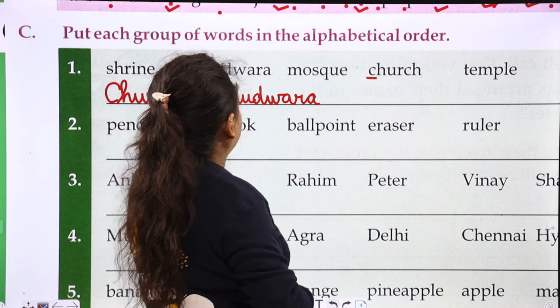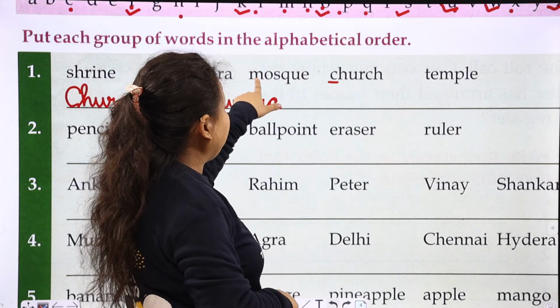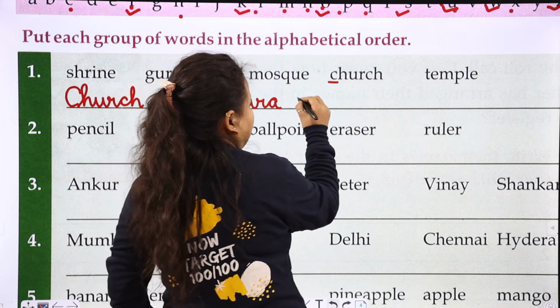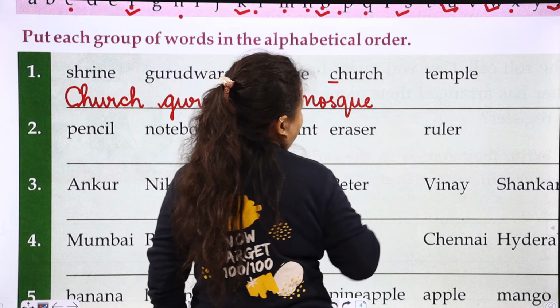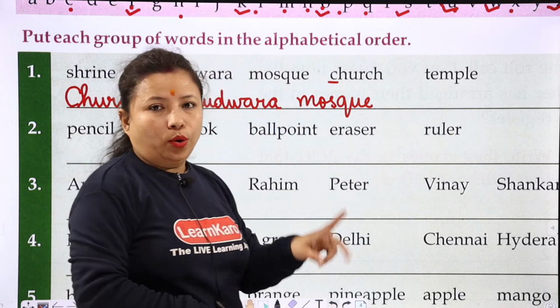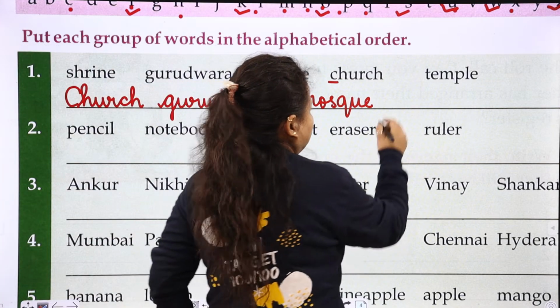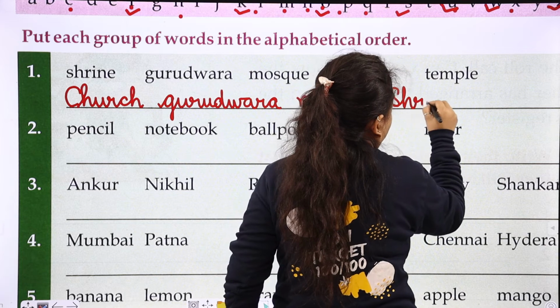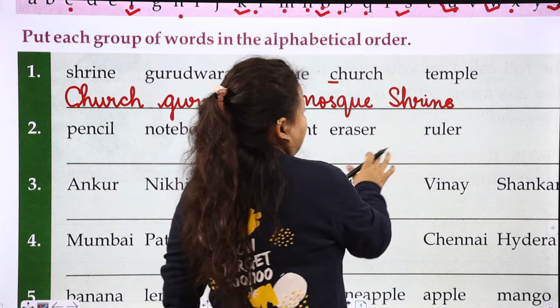G, H, I, J, K, L, M. So number 3 is mosque. M, N, O, P, Q, R, S. Now next is shrine. Shrine. And the last one is temple.